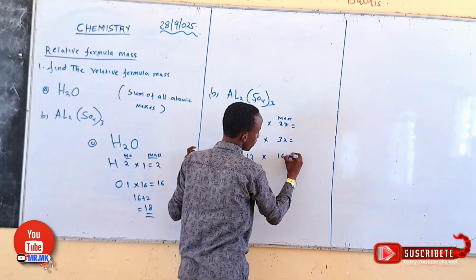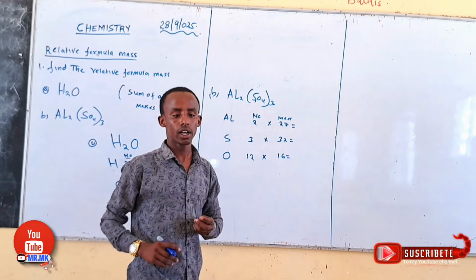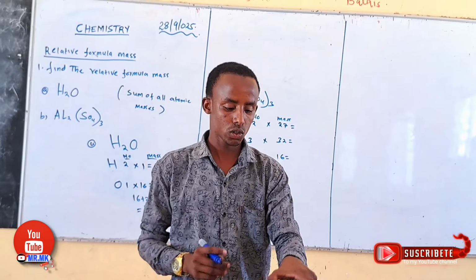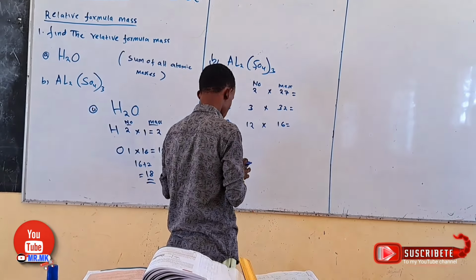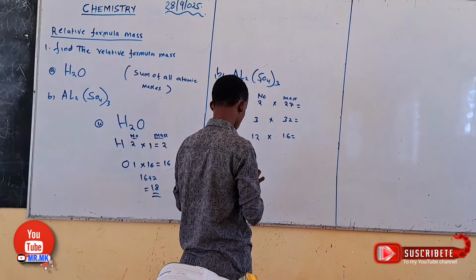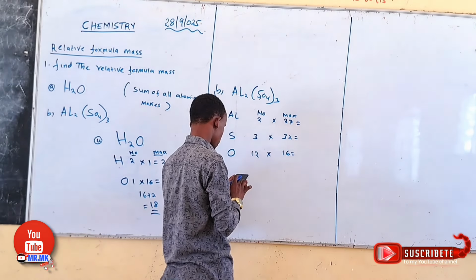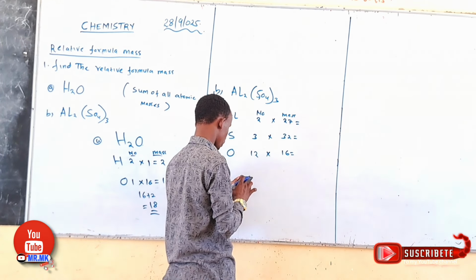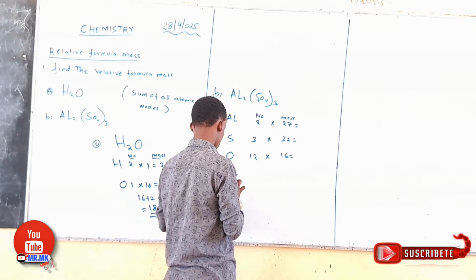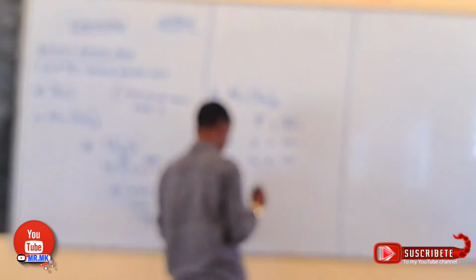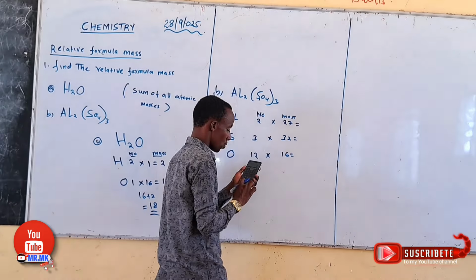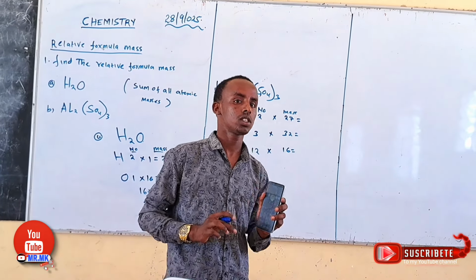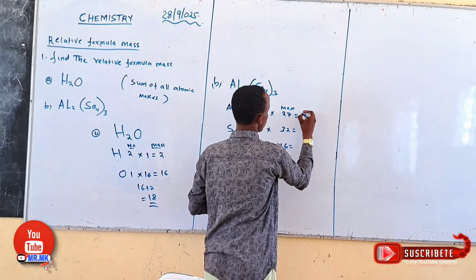Now use your calculator wisely and solve it. Let's solve it together. 27 times 2 is 54.